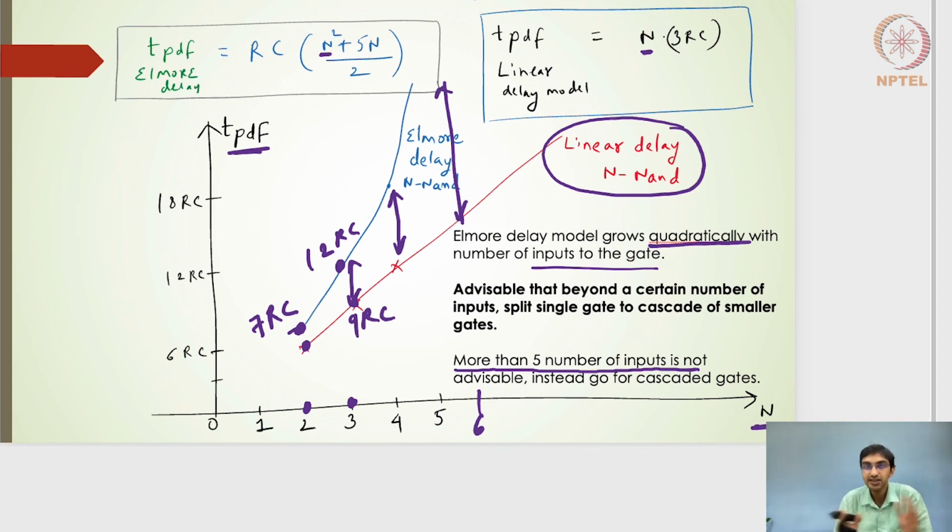So I can resolve the 6-input NAND gate from, let's say, 3-input NAND gates.